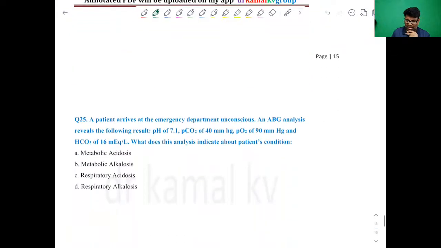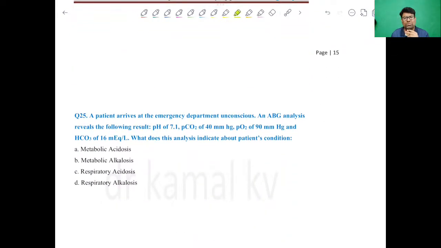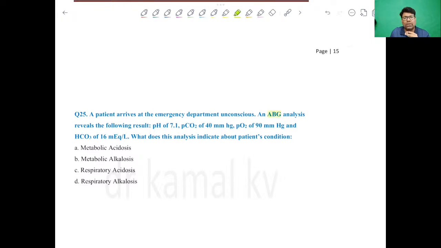Then moving to the last question, and again it has been asked many number of times. This is about arterial blood gas analysis where the pH is 7.1. So again you can say this is acidosis.